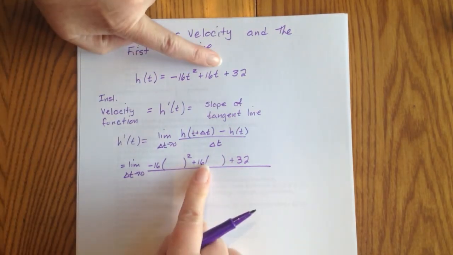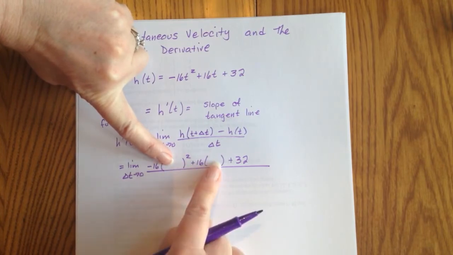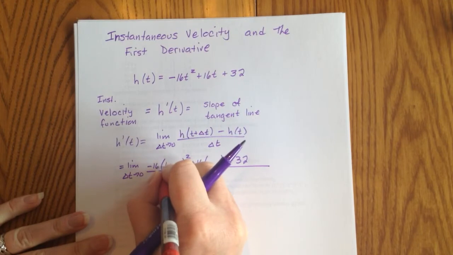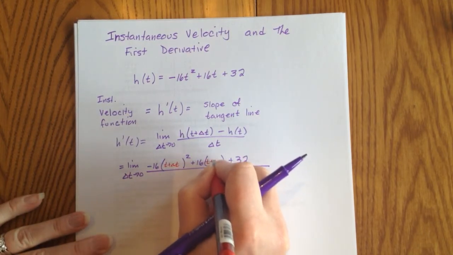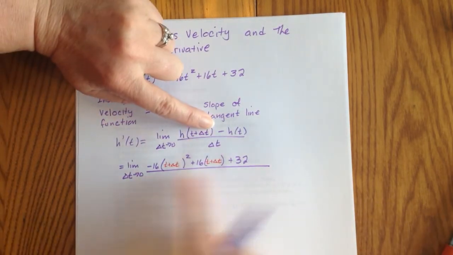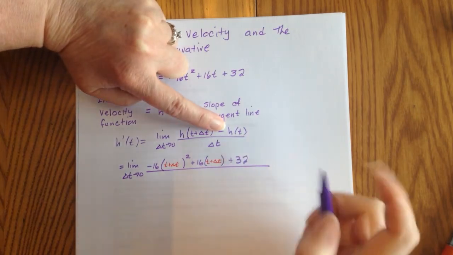T's are removed, there's the plus 32. In the place of both of these t's, not just one of them, but both of them, I put t plus delta t. All right? Now that takes me through that parenthesis. That's h of t plus delta t.